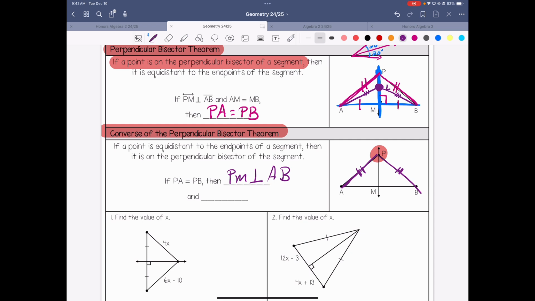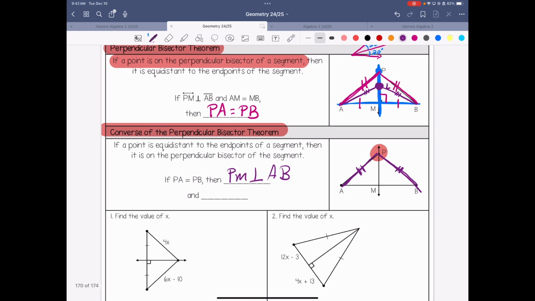So if these two are congruent to each other, then PM has to be a perpendicular bisector of that segment. So PM is perpendicular to AB, and AM is going to equal MB. So then these two pieces are congruent to each other. Just the converse of the statement that we just made.